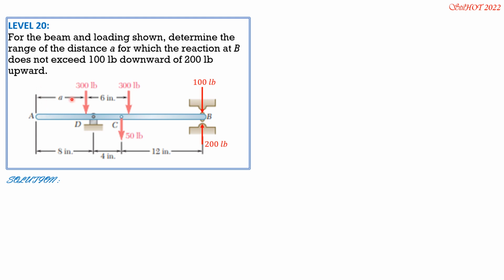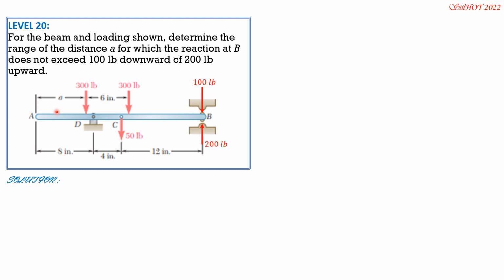If 300 is closer to A, the tendency is it will cause A to lower, so it will pivot about D, so it pushes B. So this is the activated reaction at B, 100 pounds.